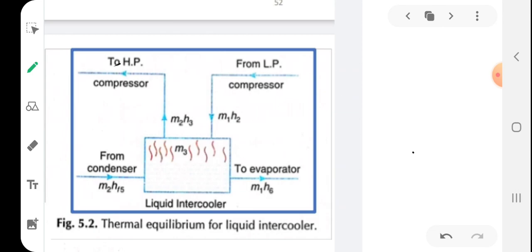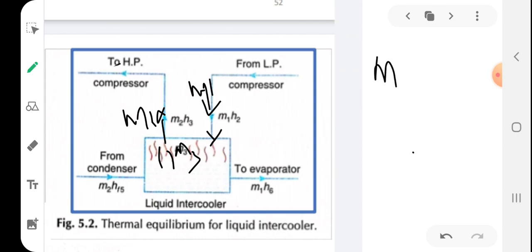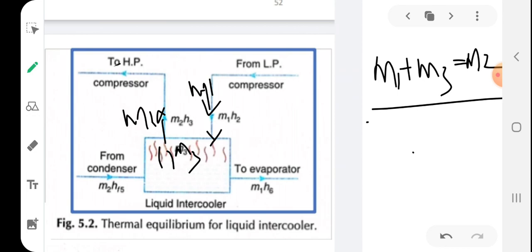So here you can see that m1 is entering the liquid intercooler, and m2 is leaving the intercooler. So m3 is getting evaporated and joined with the m1. So m1 plus m3 equals m2. So this equation you know.